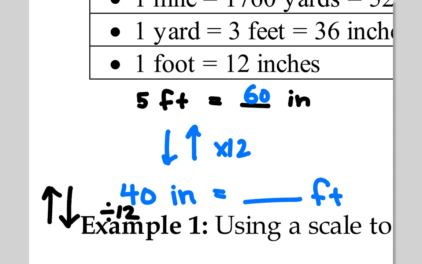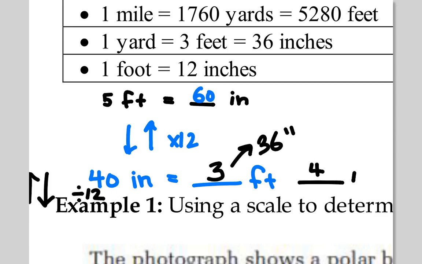Count by 12s. 12, 24, 36. That's pretty close to 40, right? So it's 3 feet for sure. 3 feet gets you to 36 inches, but not quite 40. How much is left over? 4. So you'd be 3 feet 4 inch. So that's division with remainder.